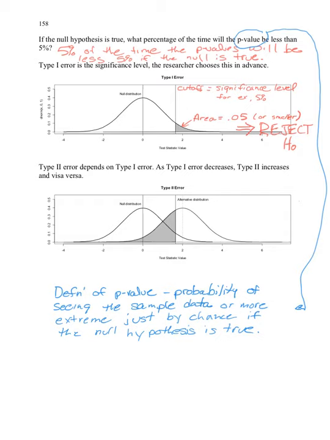But if this is the true null distribution, and we see a p-value in this area, we're going to reject the null, and that will be an error. So this is our type 1 error. On the other hand, if we're on this side of the cutoff, we're going to keep the null hypothesis.